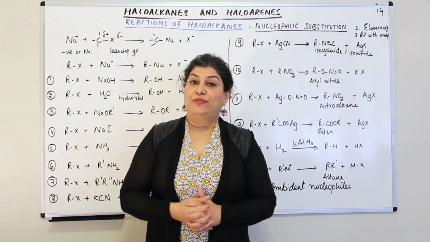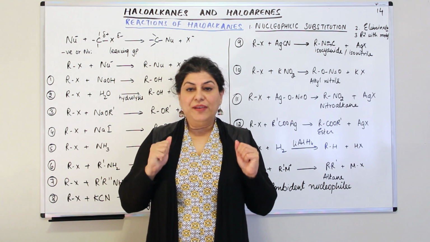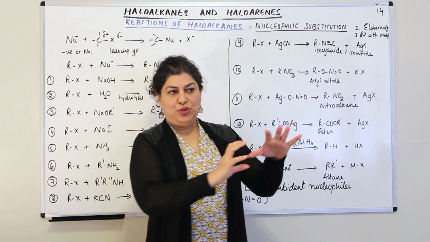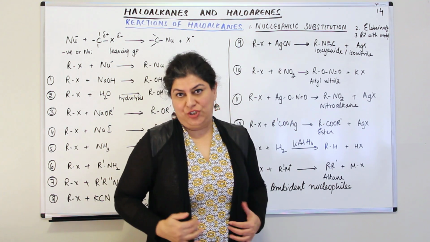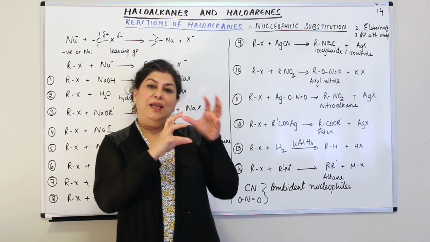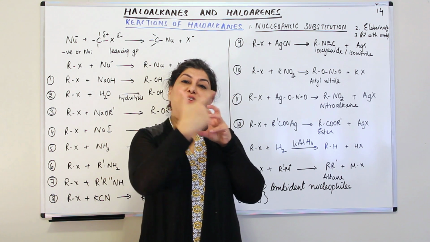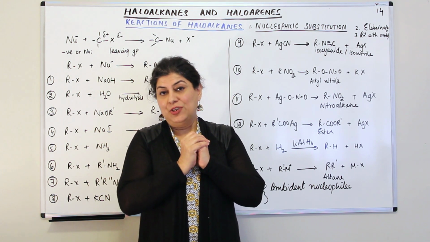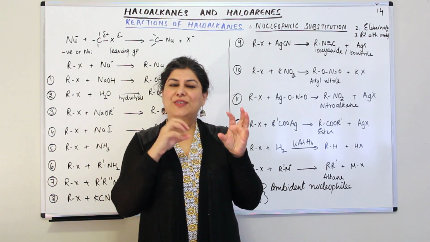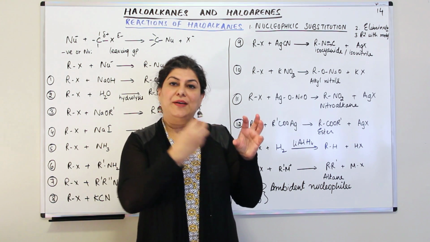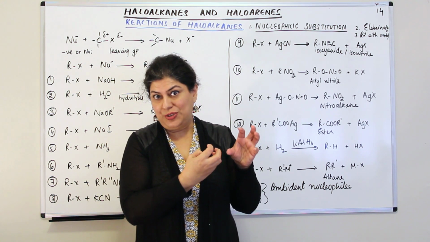What about nucleophile? In chemistry, whenever we talk of negative charge, we usually think in terms of atoms. In an atom, the electrons are negatively charged. So whenever we are talking of something negative, we tend to relate it to the electrons.